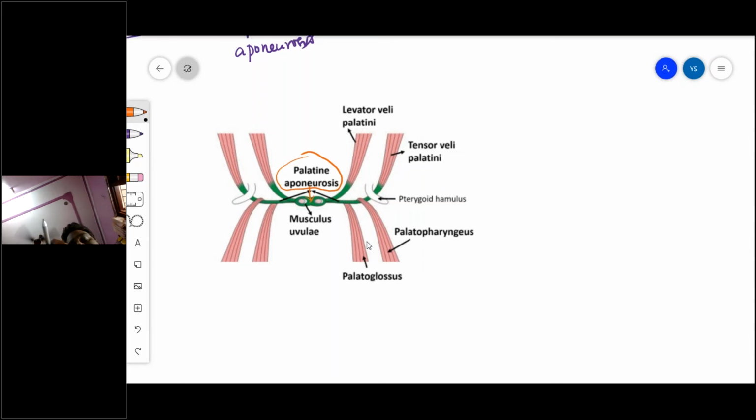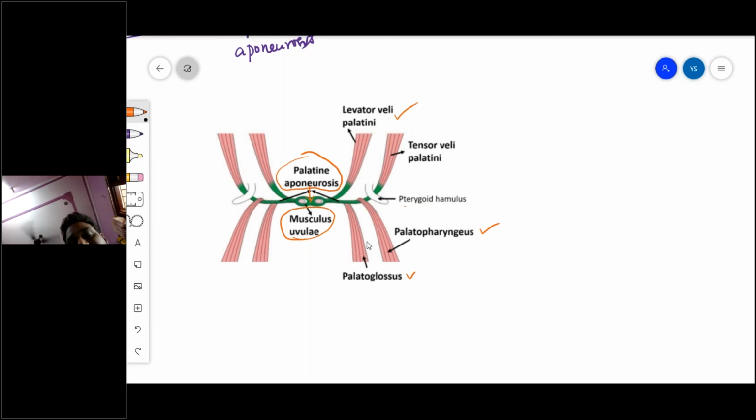Other muscles attach to it. See, from above, tensor veli palatini, levator veli palatini from above, and also palatopharyngeus. These two are also attached above. Below, the palatoglossus muscle is attached. In the middle, we can see the musculus uvulae. This is about the soft palate.